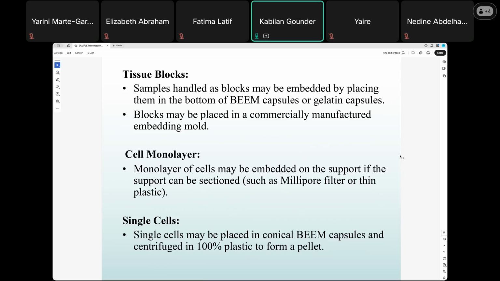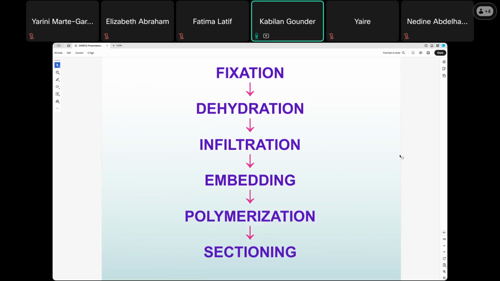Again, single cells like spores or bacteria can also use the BEEM capsules, and every time you centrifuge, they go down and then you can embed them. So the steps are fixation, dehydration, infiltration, embedding, sectioning, and staining. Polymerization is for the electron microscope steps. For light microscopy, it is fixation, dehydration, infiltration, embedding, sectioning, staining.